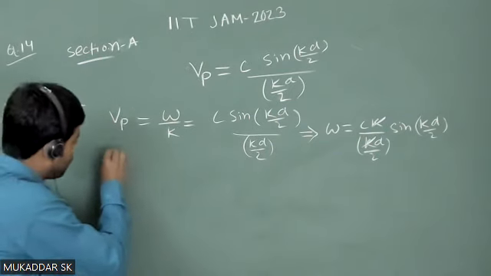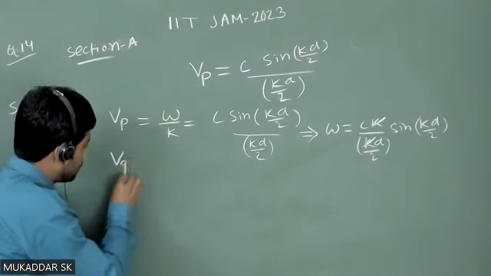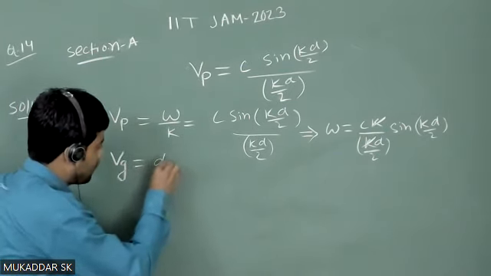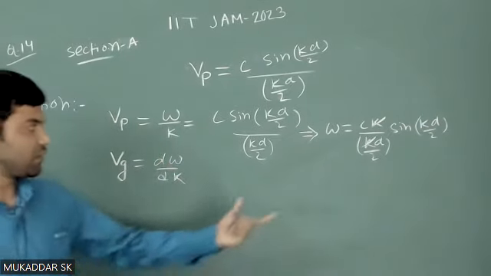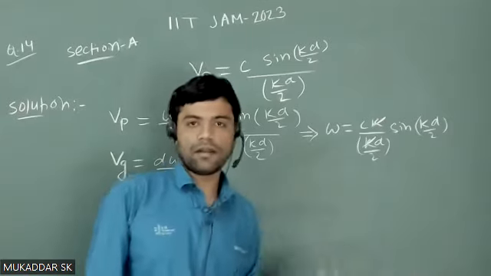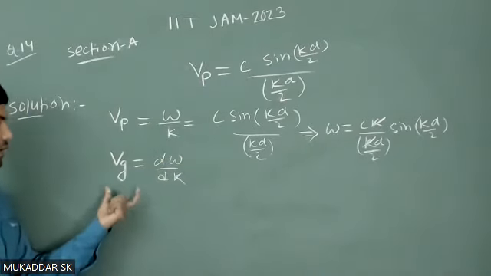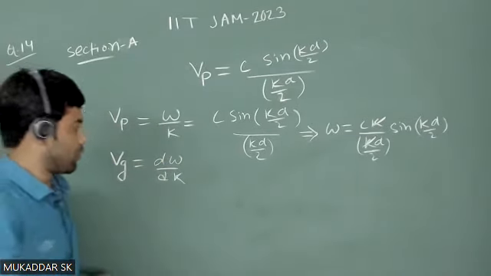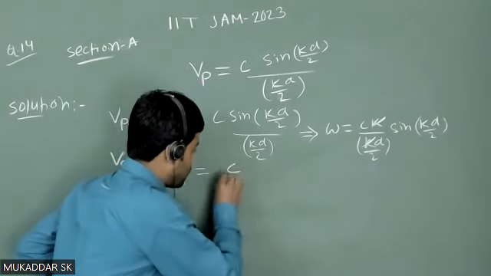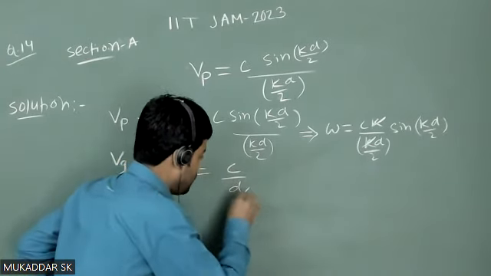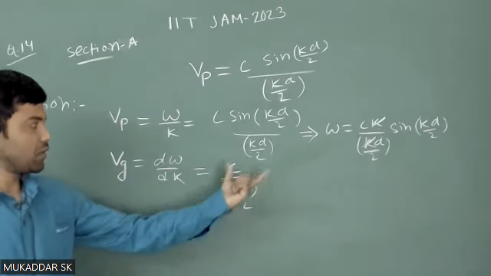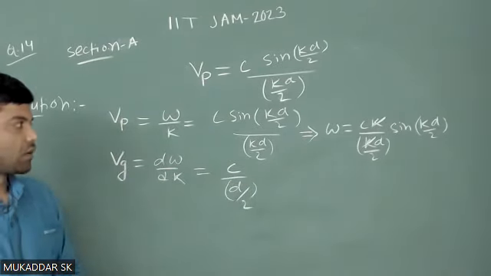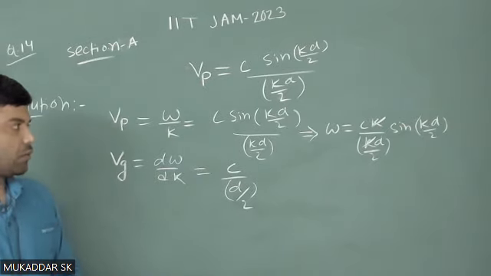As you know, the group velocity of this wave I can represent as d omega by dk. If I differentiate this, I'll basically get the group velocity of this wave. We have a factor cd by 2 that is constant, so there will be no differentiation of this factor. Just have to differentiate the sine function with respect to k.